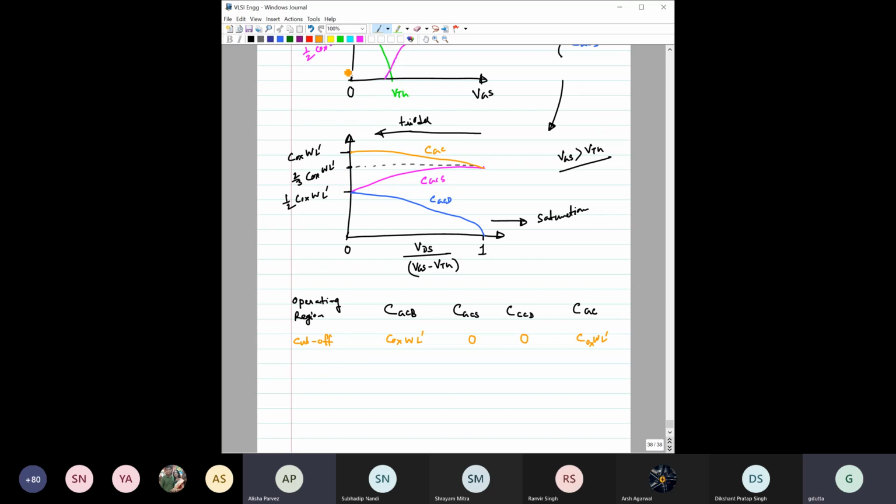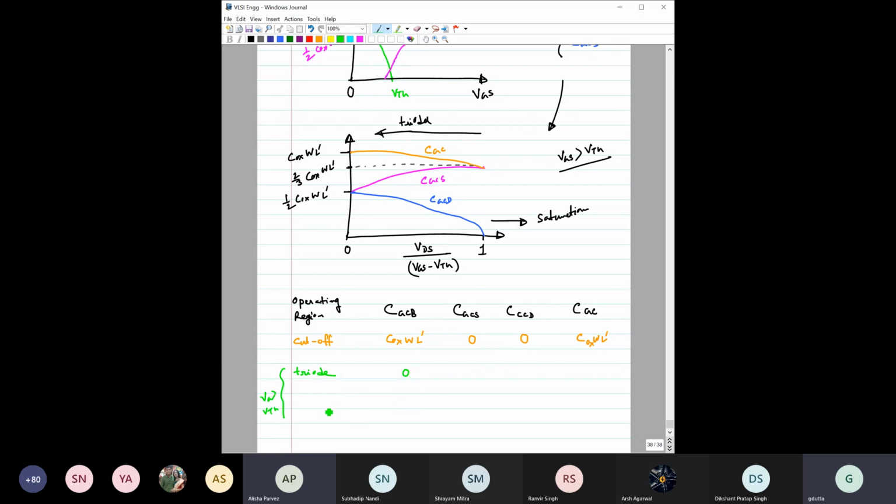Then the second region is the resistive region or the triode region. In the triode region, we are obviously considering VG greater than the threshold voltage, so the transistor is on. So this component would become 0.